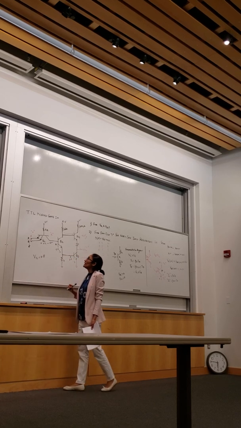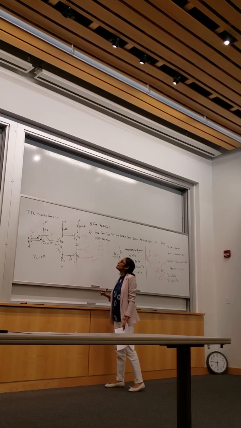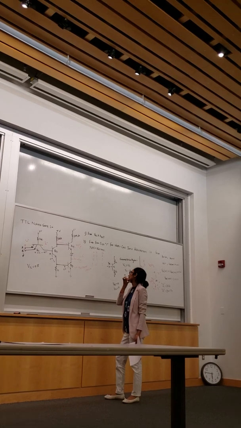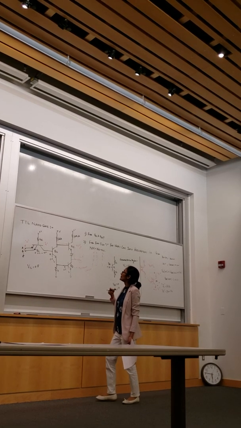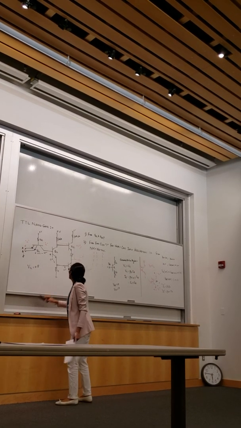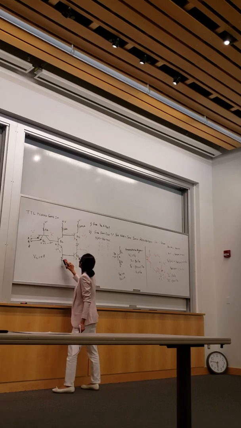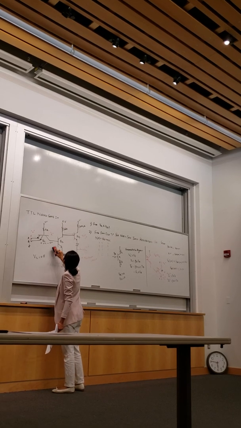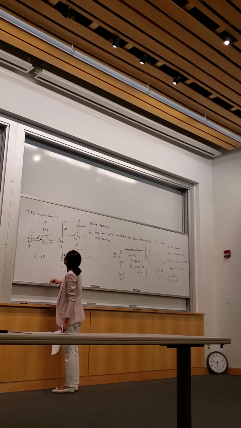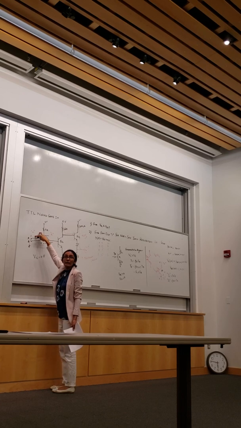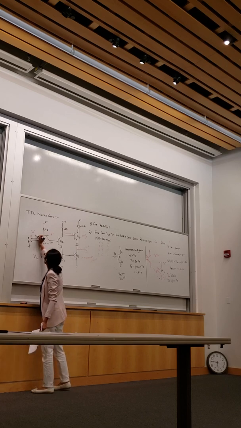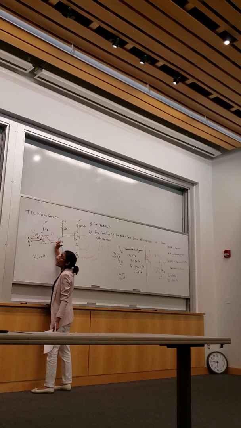What about VIH? For VIH, now this is reverse biased. We need a maximum voltage here, right? What's the maximum voltage that we can have here? 0.5. And this is forward bias, right?